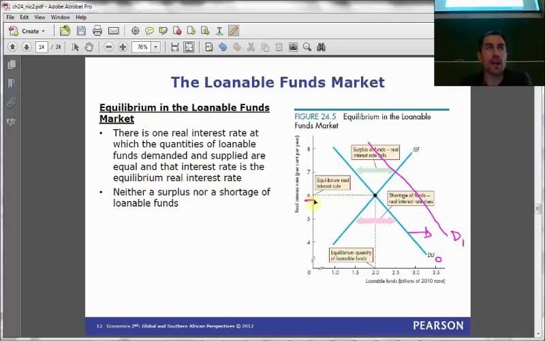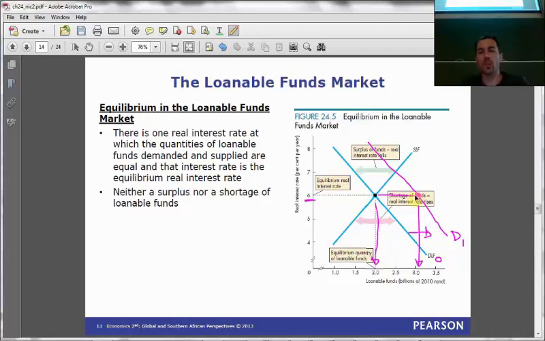At current equilibrium interest rates of 6%, what do we find? There is a shortage. The quantity of loanable funds demanded, so the quantity demanded would correspond to some amount here, is much greater than the quantity supplied. Okay, this is the shortage.